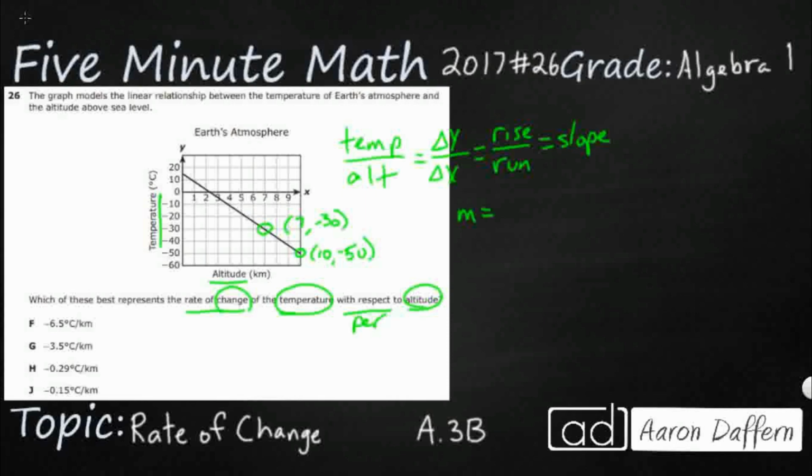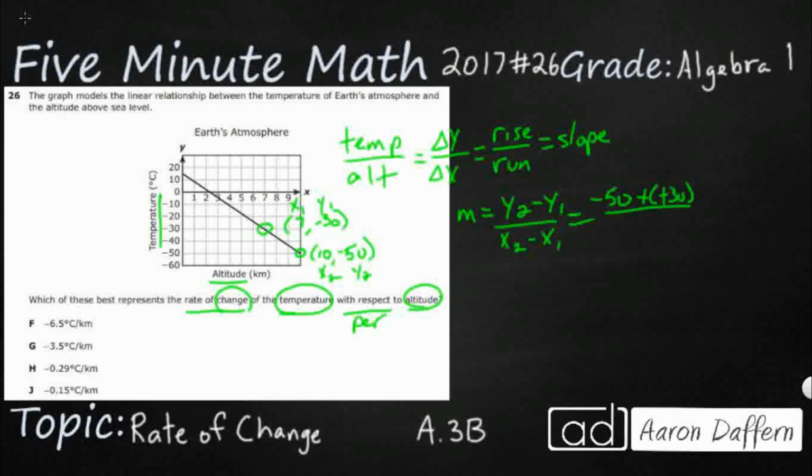So my m is going to be y sub 2 minus y sub 1 over x sub 2 minus x sub 1. Let's label these as x1, y1, x2, y2. So -50 minus -30, that's going to end up being an addition.